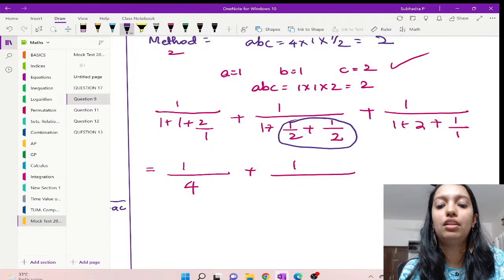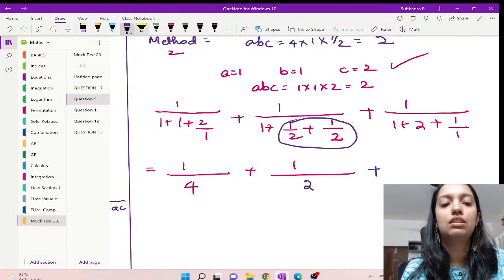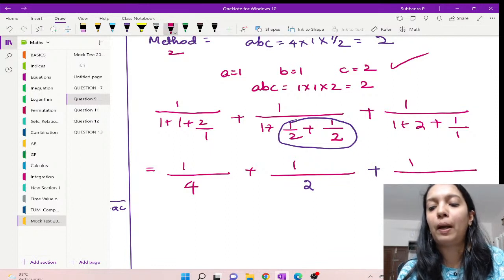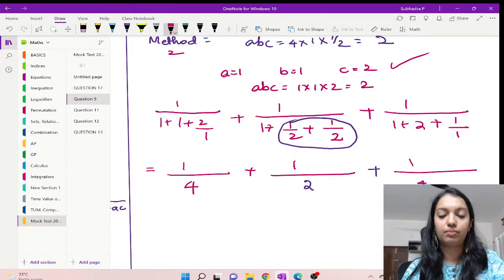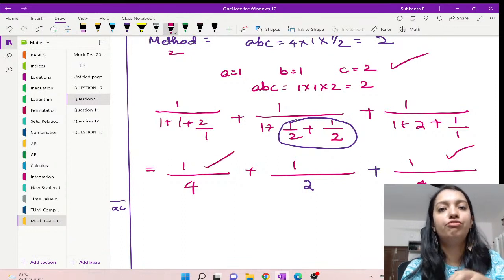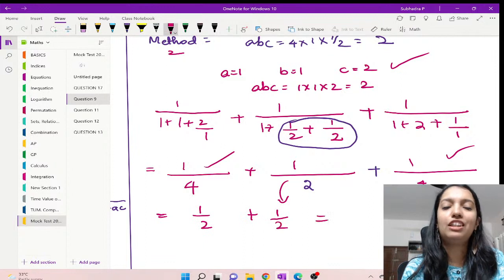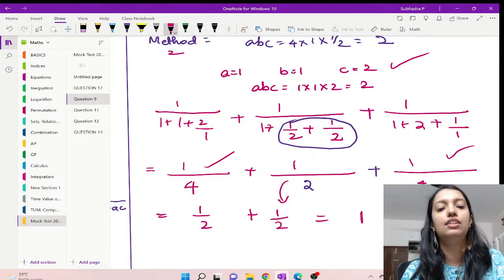So in the denominator you have 1 plus 1, that is equal to 2, plus 1 divided by. Now this is 1 plus 2 plus 1. Again this is equal to 4. Now what is 1 by 4 plus 1 by 4? 1 by 2. So your final answer will be 1 by 2 plus this part 1 by 2. What is half plus half? Your final answer is 1.